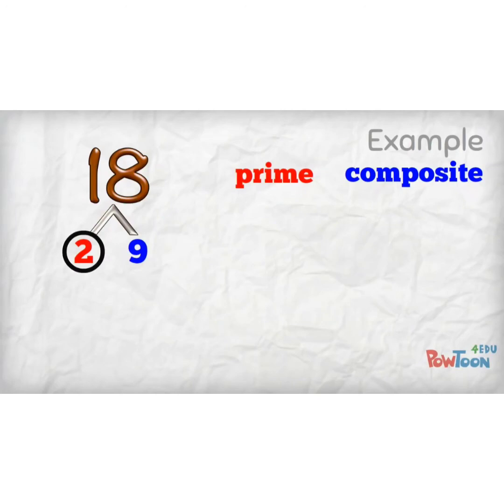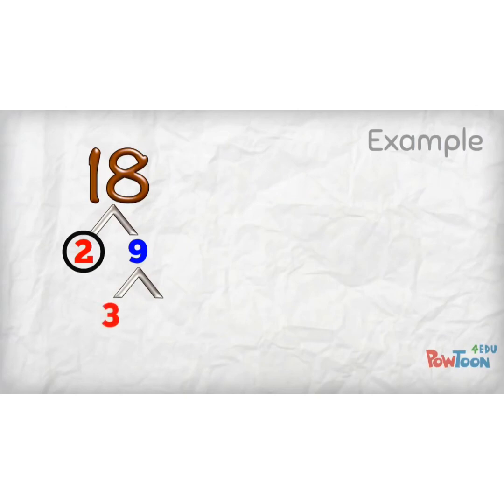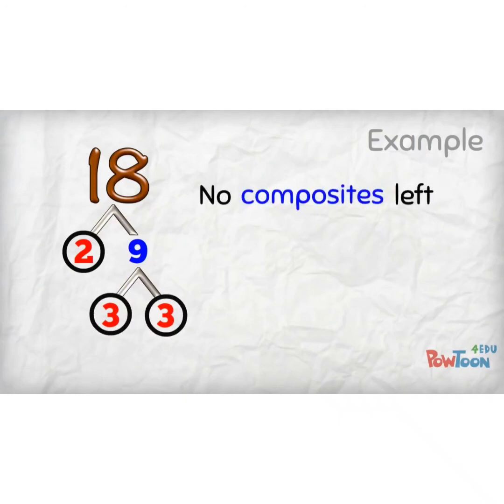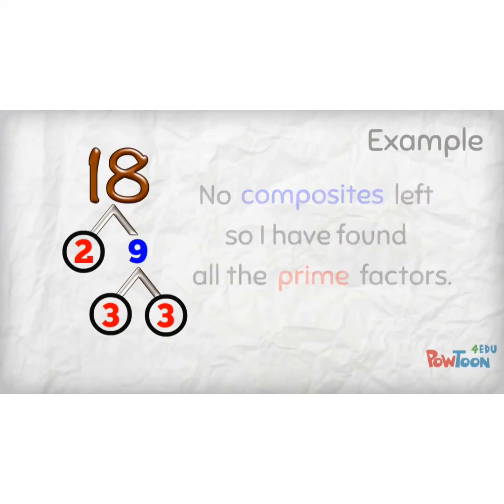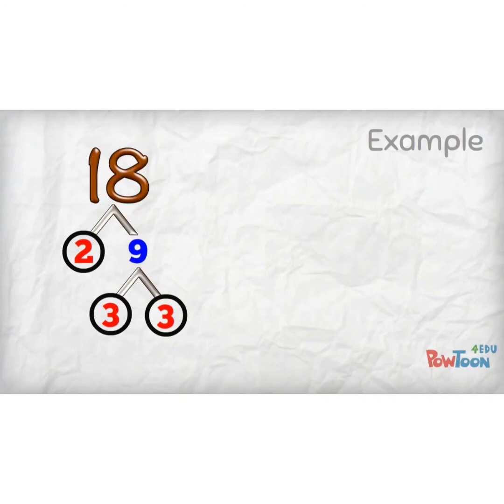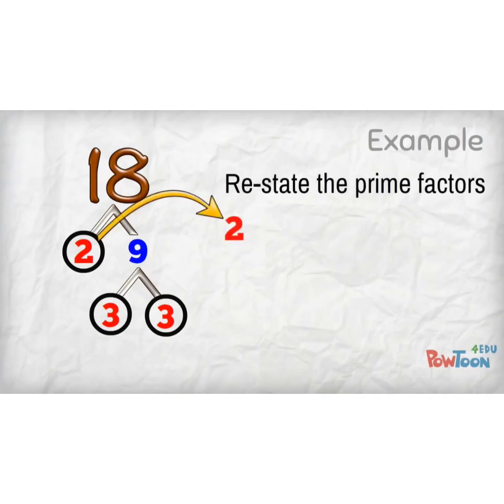I'll come back to it later. 9 is a composite number, so I split it down. I get 9 from 3 times 3. 3 is a prime number, so I circle both of them as well. I have no composite number left, so I have found all the prime factors. So the prime factors of 18 are 2 multiplied by 3 multiplied by 3.